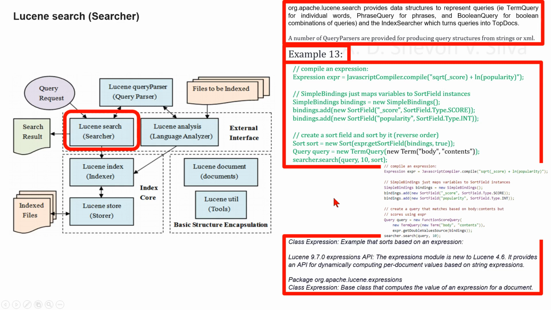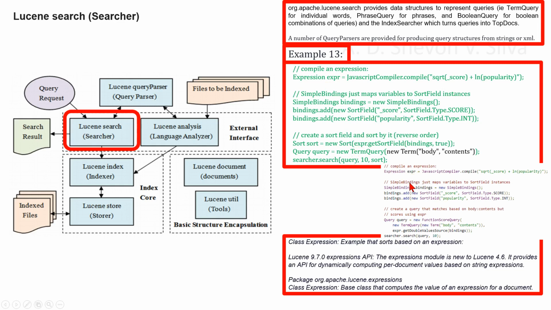It provides an API for dynamically computing per-document values based on string expressions. The class Expression in package org.apache.lucene.expressions is the base class that computes the value of an expression for a document. Example that sorts based on an expression.